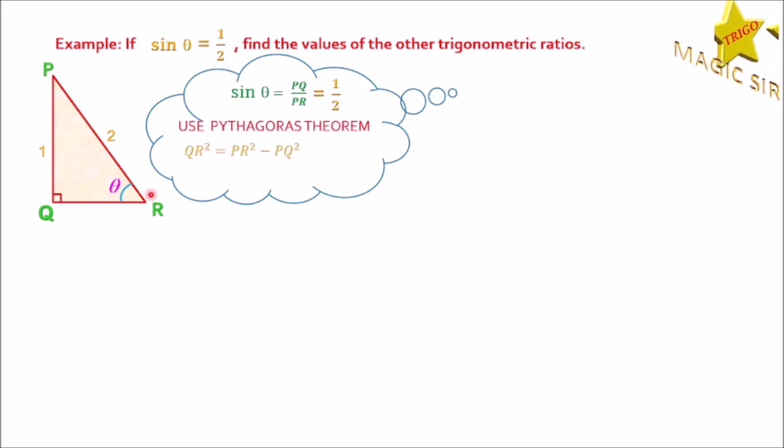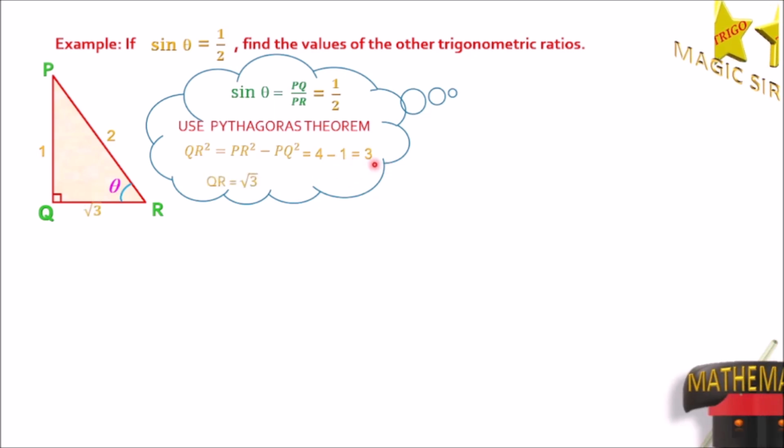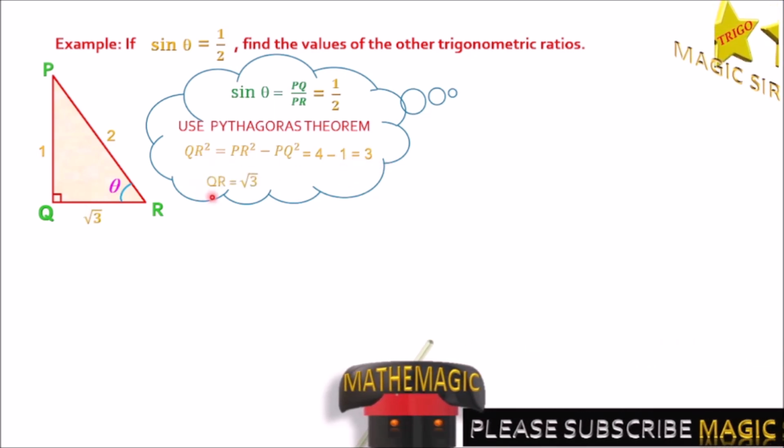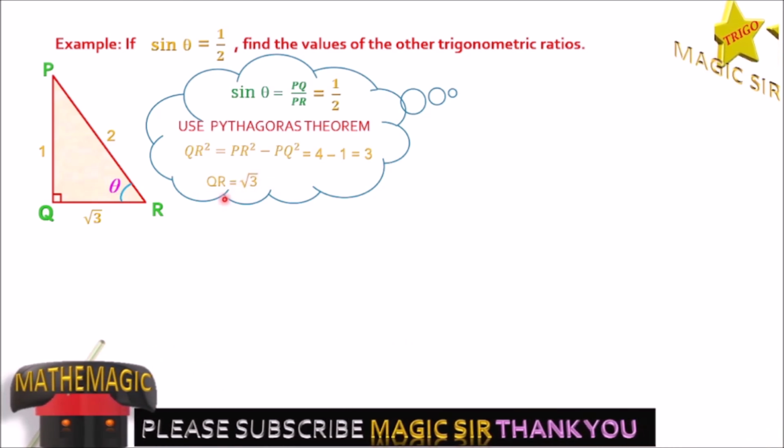Use the Pythagorean theorem. QR square is equal to PR square minus PQ square. PR is equal to 2, so PR square equal to 4. PQ equal to 1, PQ square equal to 1. 4 minus 1 equal to 3. Taking square root of both sides, QR is equal to root 3. We take QR equal to root 3.